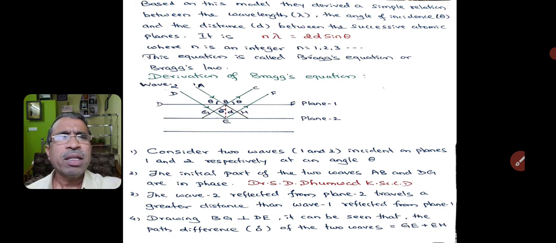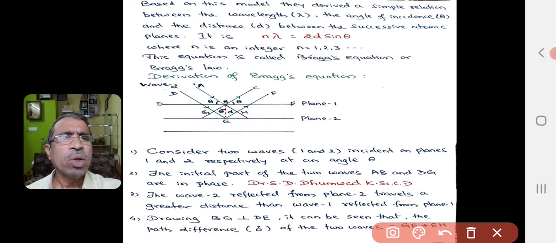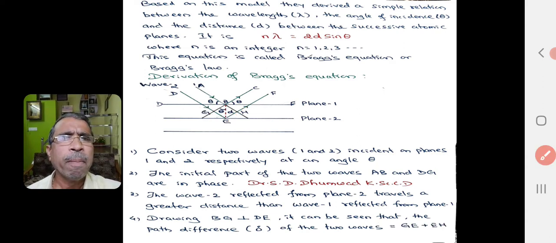So that is the excess distance. It travels from GE to here, so this is the extra distance, whereas wave 1 comes and reflects here. In the case of plane 2, it travels from here and goes to here. This is the extra distance that it travels.